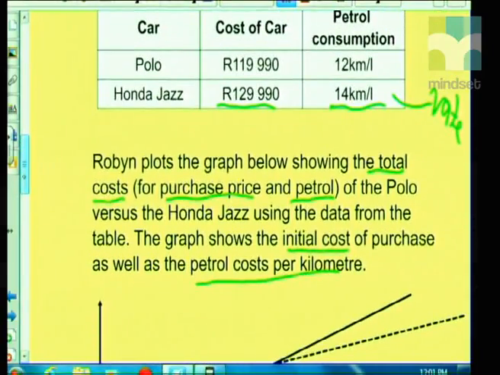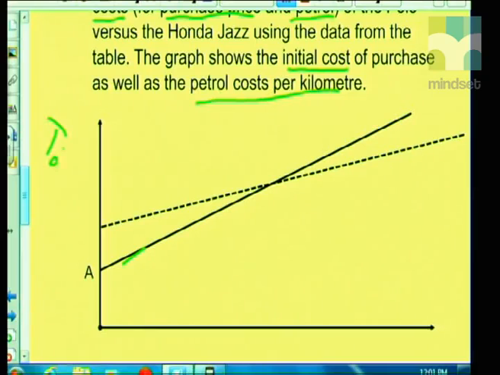So I reckon the easiest way to do this is to say to myself, let's get some detail about what's on the graph and what isn't. We know that it's starting at an initial cost, and we know that it's doing something about kilometers. So let's label the axes first of all. We're going to say this is total cost, and we know it's changing.